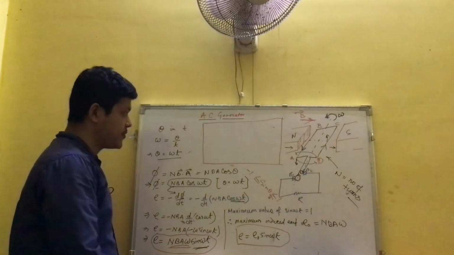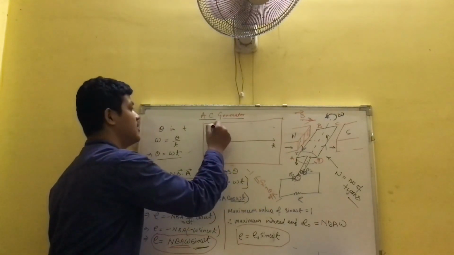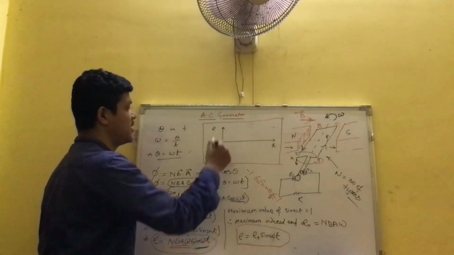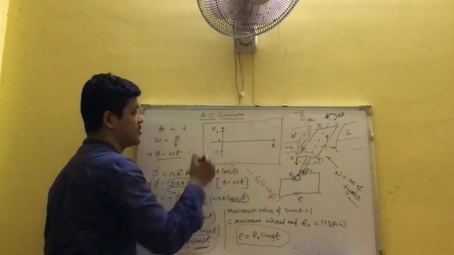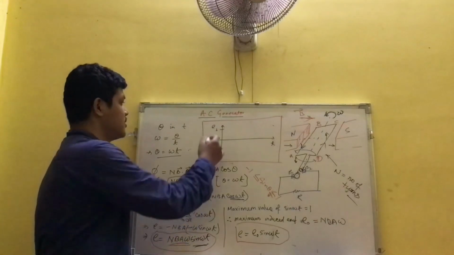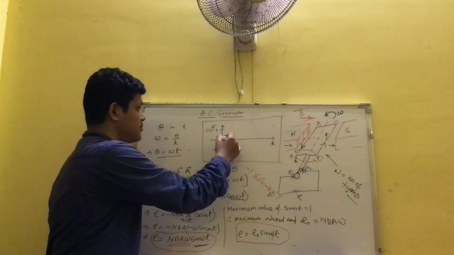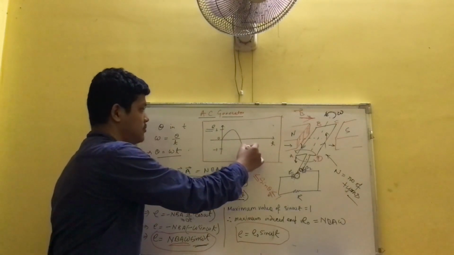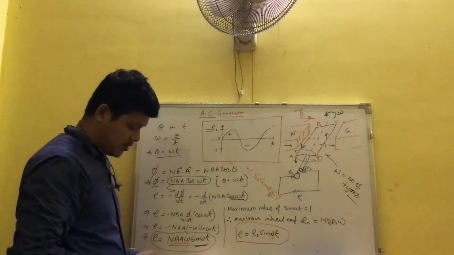So if you draw the graph of EMF versus time, it is a sine function, with maximum value plus 1, then 0, and minimum value minus 1. Then you will get such a graph of EMF versus time. This is called a sinusoidal graph.